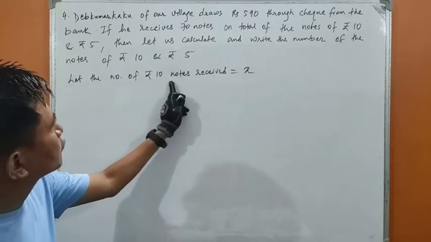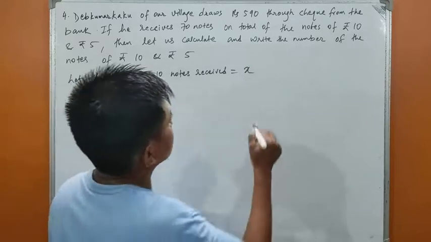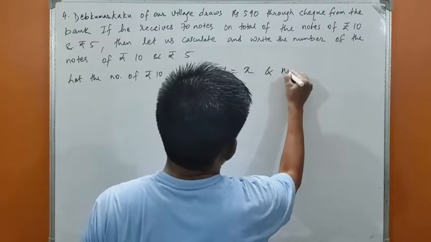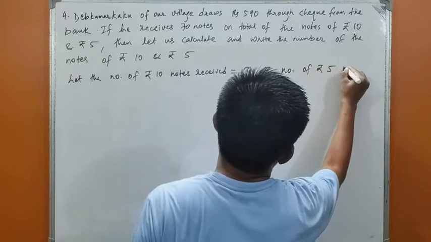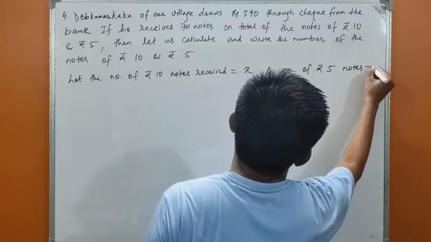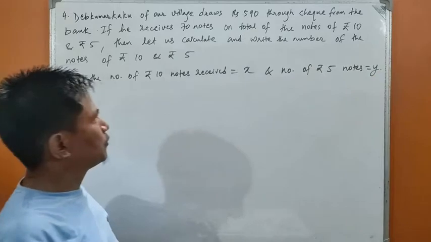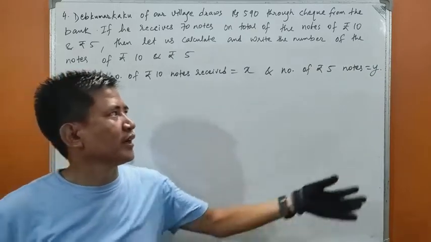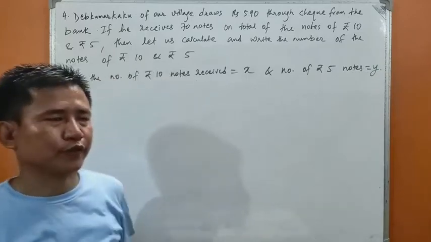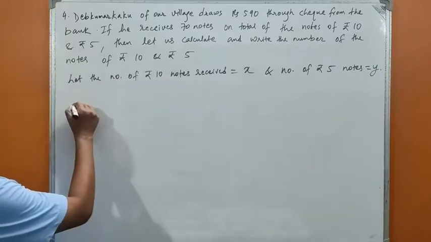Let the number of 10 rupee notes received equal x, and the number of rupees 5 notes equal y. Suppose Dev Kumar Kaku receives x number of 10 rupee notes and y number of 5 rupee notes. I hope you are getting me.